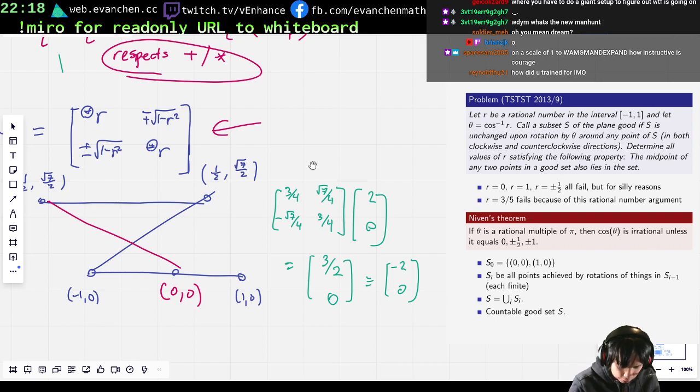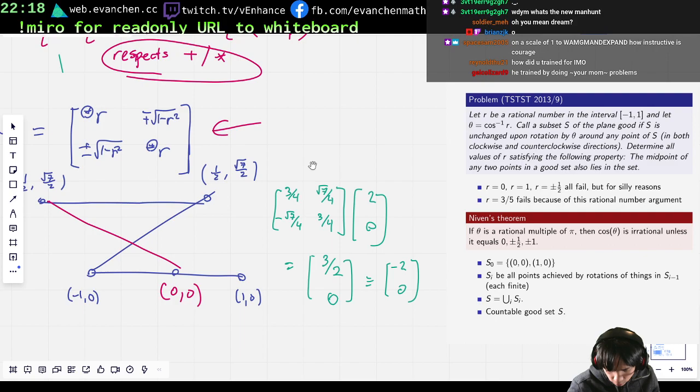Like, these 2 points are congruent mod... oh no, this point is congruent to this point.